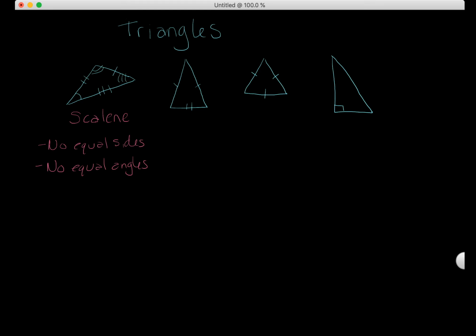The next kind is an isosceles. Characteristics of an isosceles triangle are that we have two equal sides, and we have two equal angles.